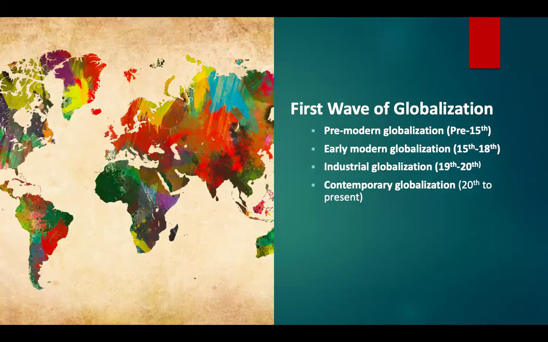Each wave of globalization intensified global trade, migration, and economic integration. The Industrial Revolution transformed production, labor, and global economic structures. And today's globalization builds on past waves, with digital capitalism reshaping trade and migration patterns.